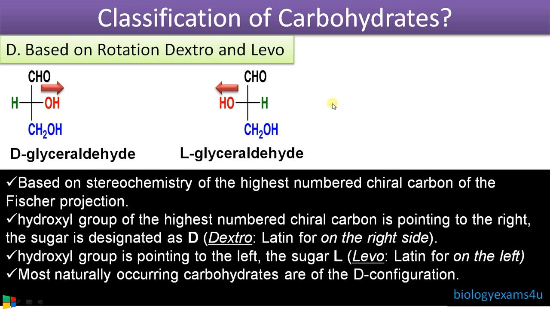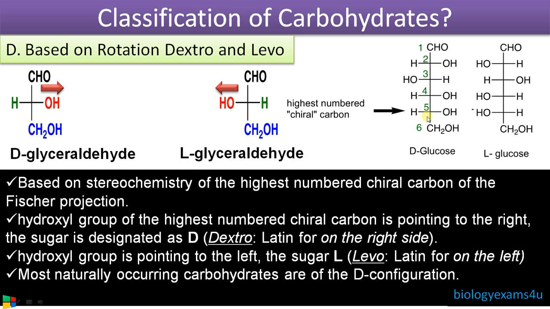So let's take one more example to understand the highest numbered chiral carbon. Chiral carbon means that the carbon is bonded to 4 different groups. In this example, you can see this 5th carbon is bonded to 4 different groups, and this is the highest chiral carbon.